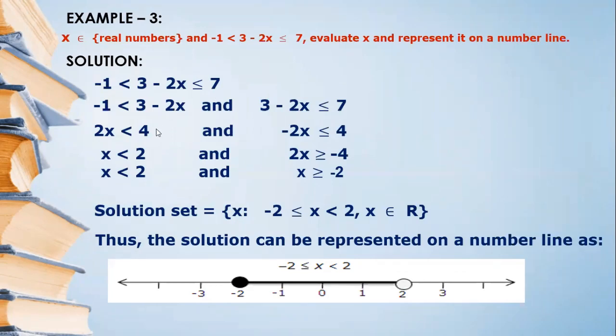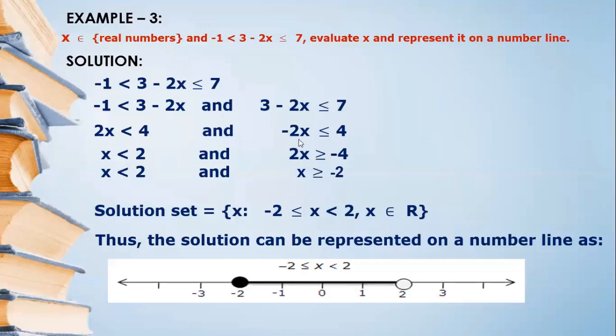Solving the first set we will get 2x less than 4, which will give x is less than 2, and the second set will give minus 2x less than or equal to 4, by shifting this 3 to this side we will get 7 minus 3, that is 4.